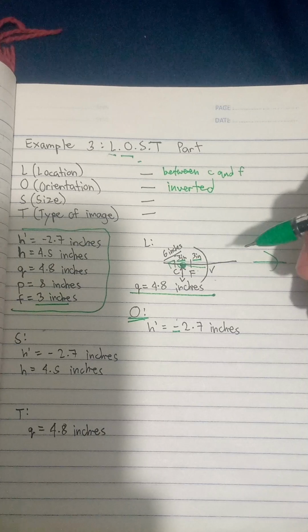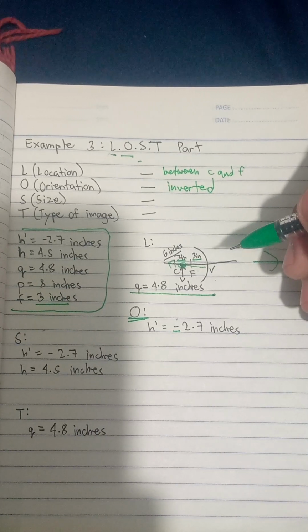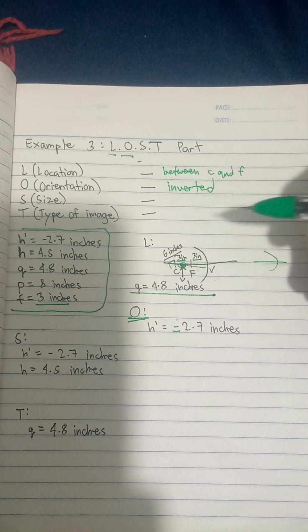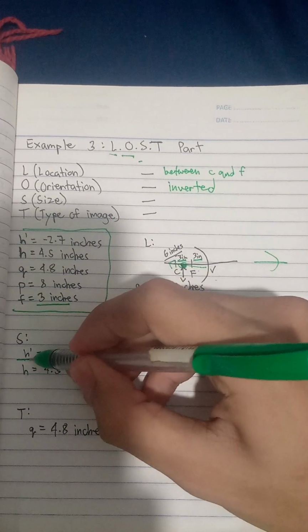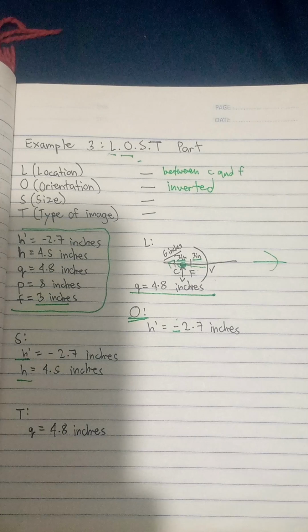Next one is size. To look for the size, we just compare variables h and h apostrophe.